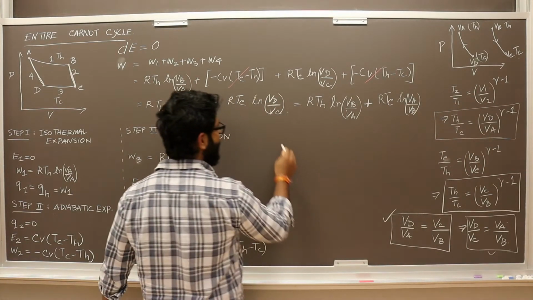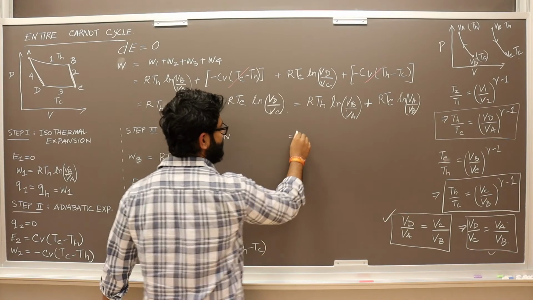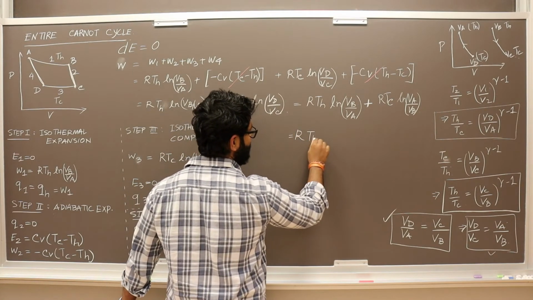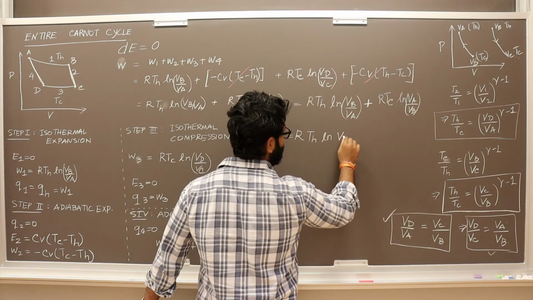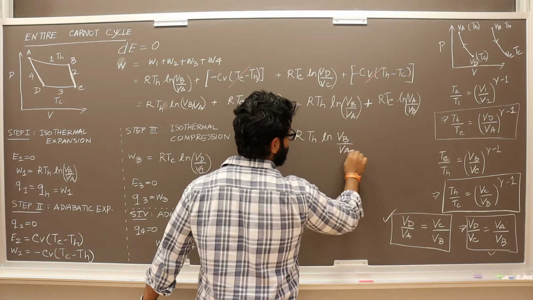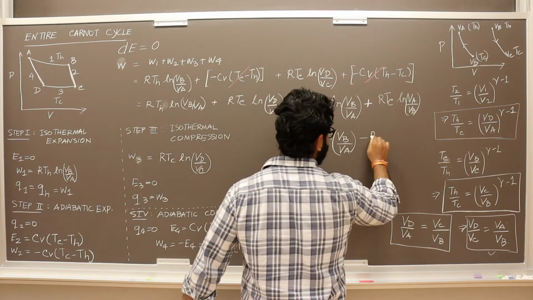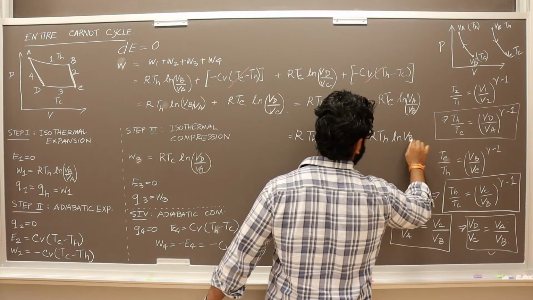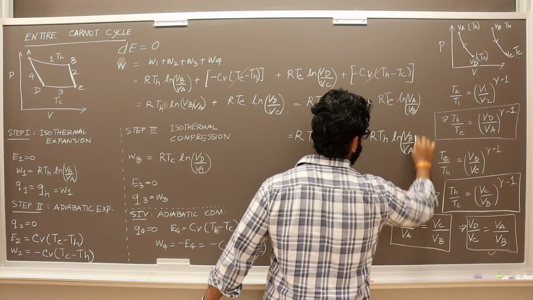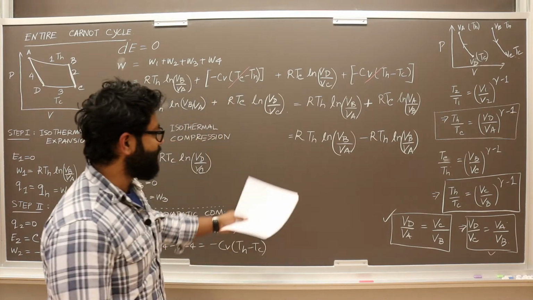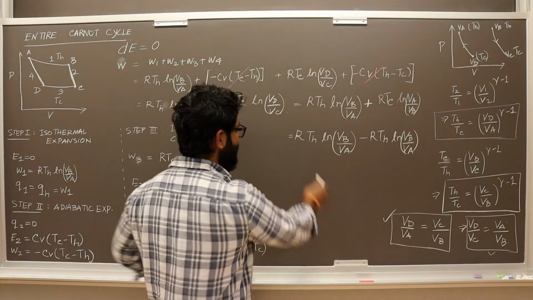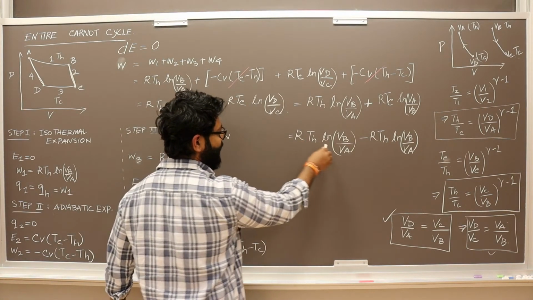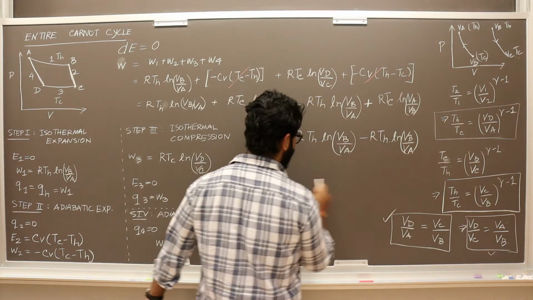So to interchange that, if I change this, this becomes ln Vb by Va. So now I can take out this whole thing common. What is common in here is R ln Vb by Va.